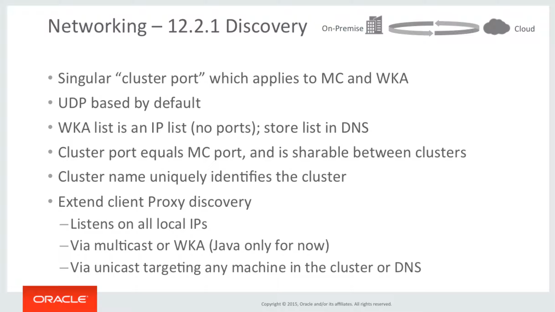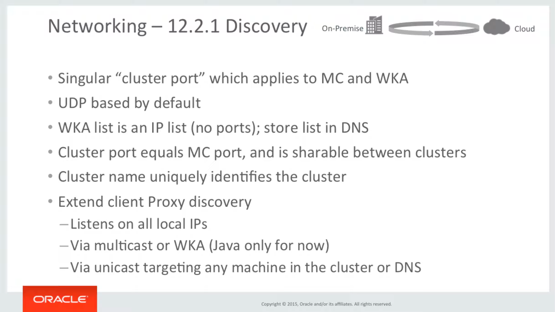So if I had a cluster named Mark's Cluster, I might create a DNS record called Mark's Cluster and store my entire WKA list in DNS. Then in my WKA configuration, I can just put in that virtual host name, Mark's Cluster. Coherence will, at runtime, query DNS, get the entire address set back out, and use that for starting the cluster.